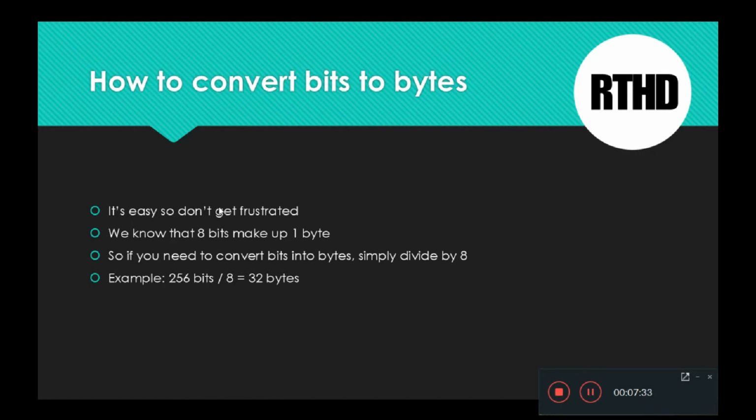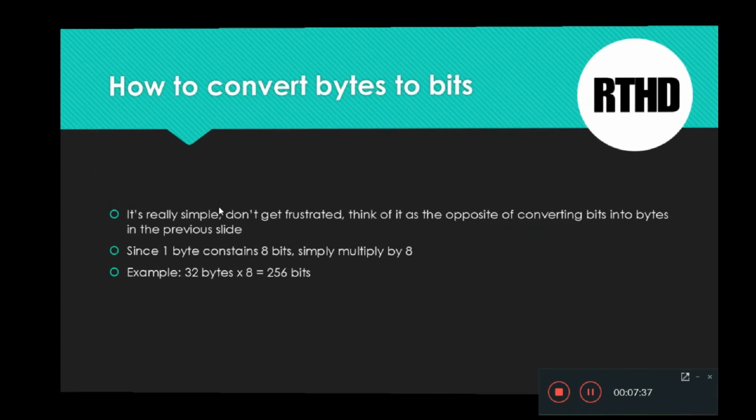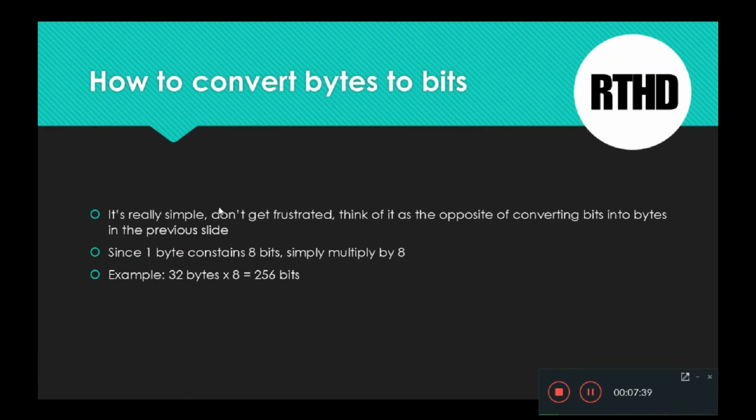Okay, cool. So let's move on again to converting bytes into bits, considering that we now understand that 8 bits equal 1 byte. Then this should be the opposite of what we just said. So since 1 byte contains 8 bits, simply multiply by 8 when you have bytes and you want to convert it to bits.